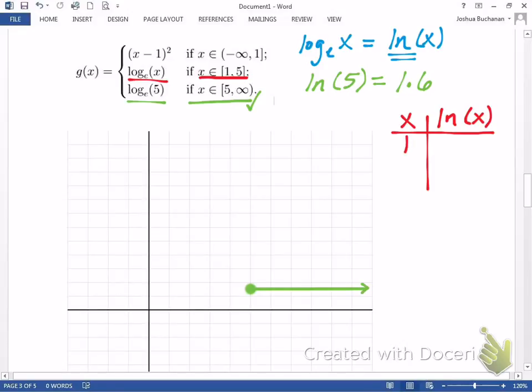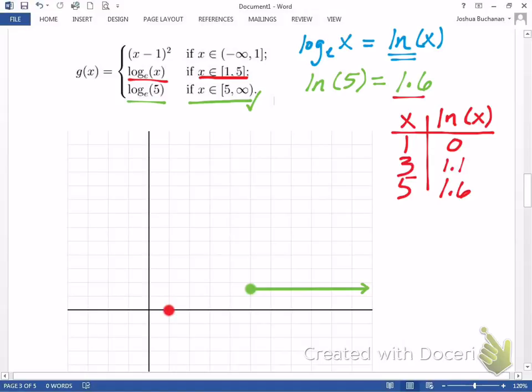So if we plug in 1, 3, and 5, well, ln of 1 will calculate to be 0. ln of 5 will calculate to be 1.6 because we've already done that. And then the natural log of 3 is 1.1. So when we graph these 3 points, we'll see the direction and curvature of this line.